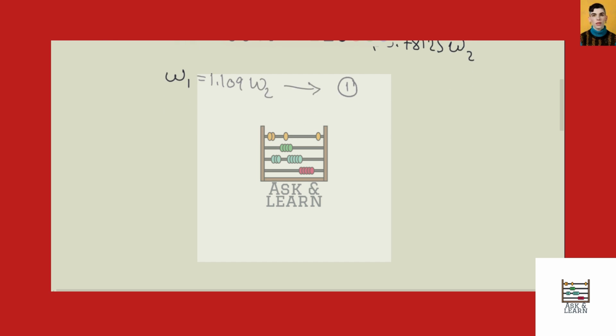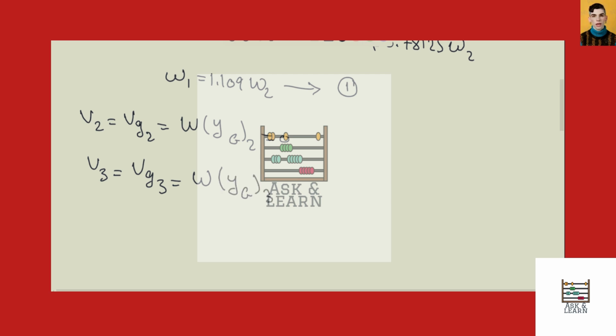And with reference to the datum, V2 is equal to Vg2, which is W multiply Yg2 equal to 0, and V3 equals Vg3, which is equal to W multiply Yg3, which is equal to 50 multiply 9.81 multiply 0.025, which equals 12.2625 joule.